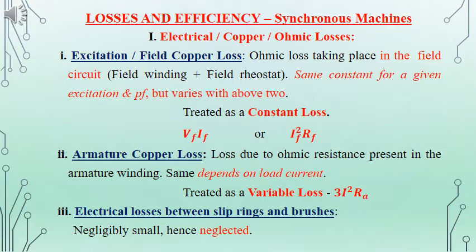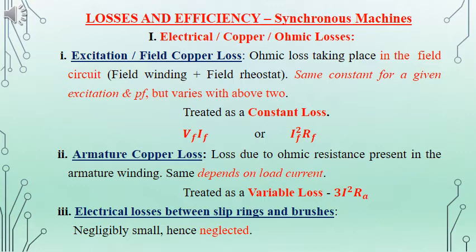And we have four different types of losses, that is electrical, copper or ohmic losses, then iron losses, which is also named as core loss or magnetic loss. Since the machines are rotating or moving parts, we have the mechanical loss as a third type, and we have stray load loss too.